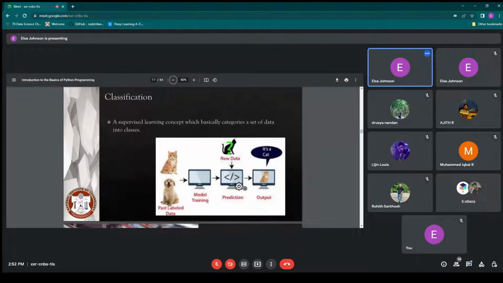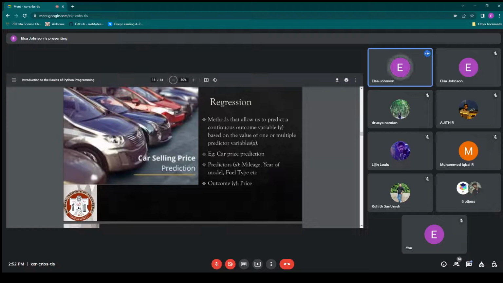Okay, next type is regression. Regression means it's also methods that allow us to predict a continuous outcome variable based on the value of one or multiple predicted variables. So this is also a supervised learning technique. And one of the examples is a car price prediction.